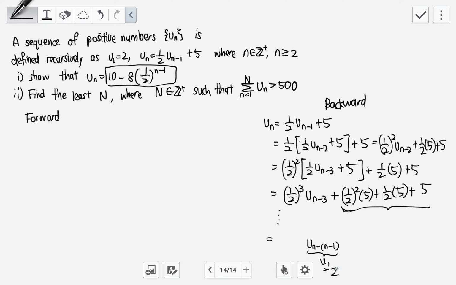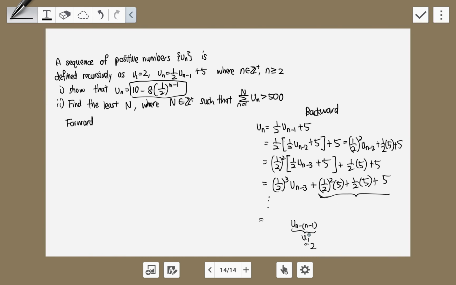Before I do this, I leave it like this first, so it's easy for me to see the pattern. I know that there will be a half, but I don't know what this power is. Looking only at the simplified form, when it is 2, there is a minus 2, and when it is 3, it is minus 3.